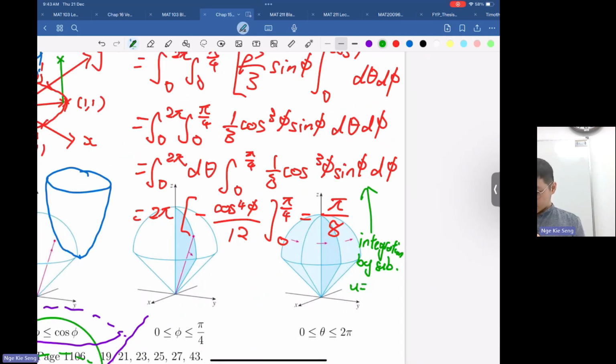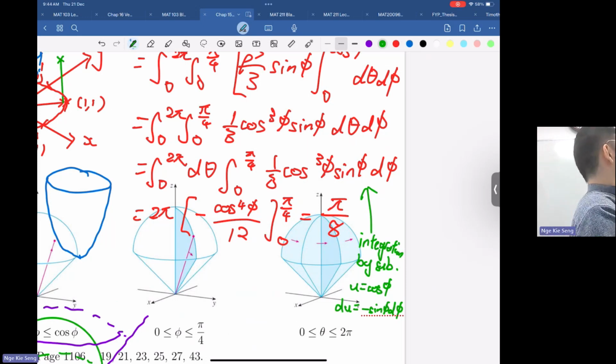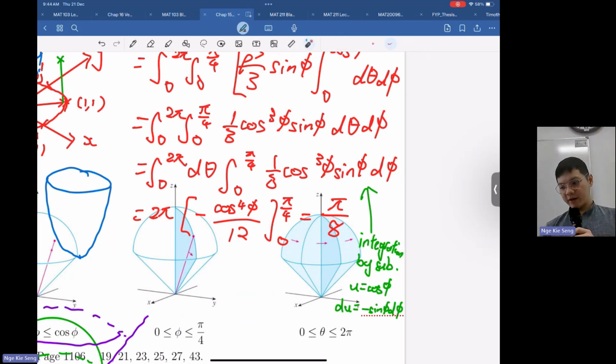Let u equal cos phi, so that du equals minus sine phi d phi, and then you change it back again. But one thing I want to remind you is that when you do this substitution, make sure your integration domain is the domain where the substitution is one-to-one.